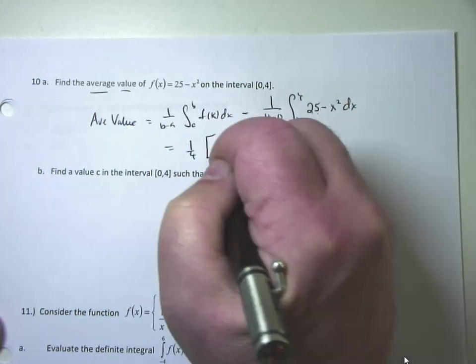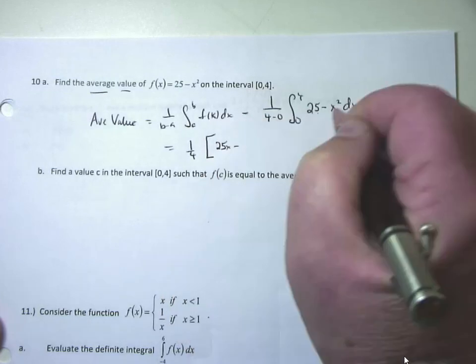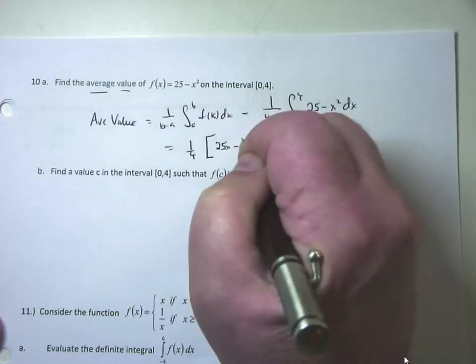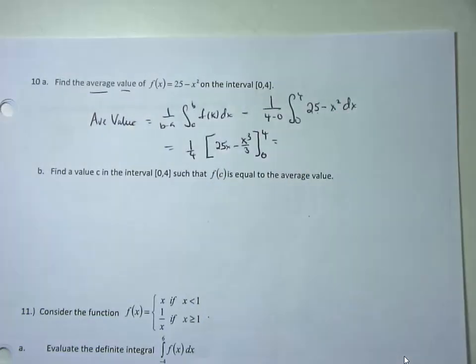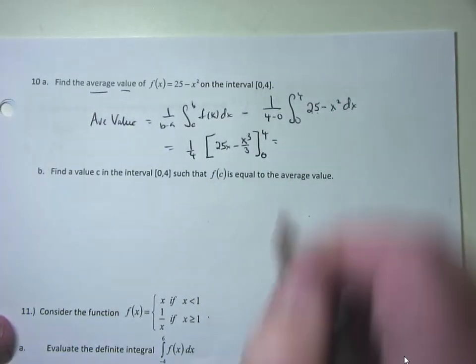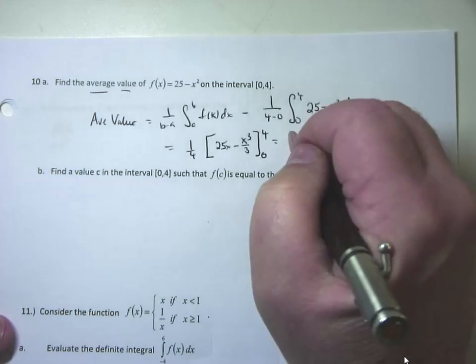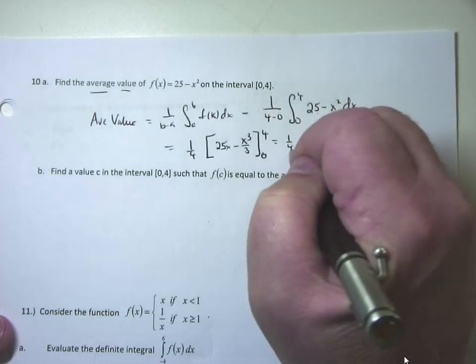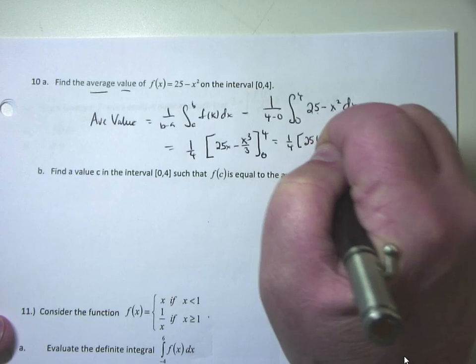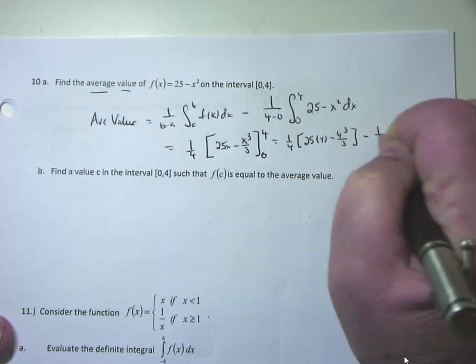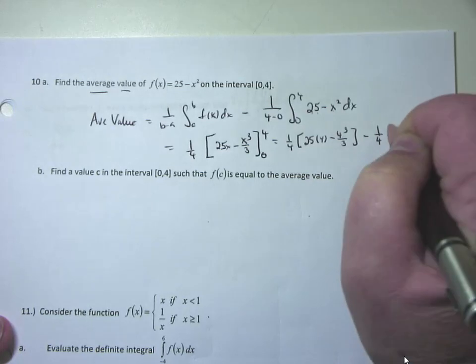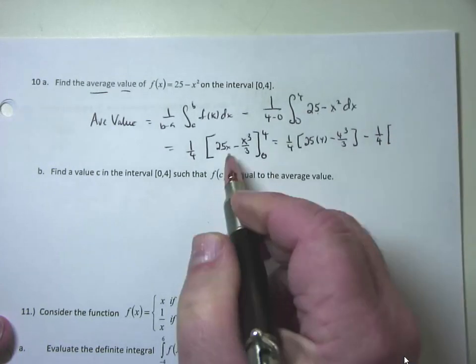The integral of 25 with respect to x is 25x, minus the integral of x squared, which is x cubed over 3, evaluated from 0 to 4. According to the fundamental theorem of calculus, plug in top minus plug in bottom, this is going to be 1/4 of 25 times 4 minus 4 cubed over 3, minus 1/4 times plug in bottom.